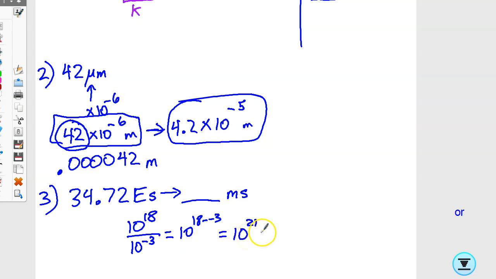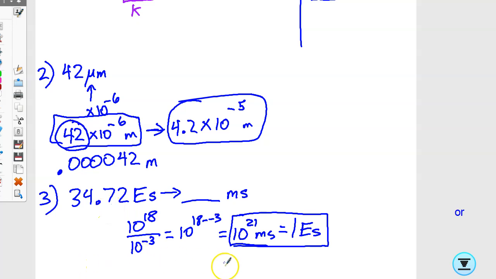So there are 10 to the 21 milliseconds in 1 exasecond. Well, I'm already in exaseconds, and I've got 34.72 of them. So if one of those is 10 to the 21 milliseconds, then I can just multiply that. 34.72 times 10 to the 21, and now it's in milliseconds.